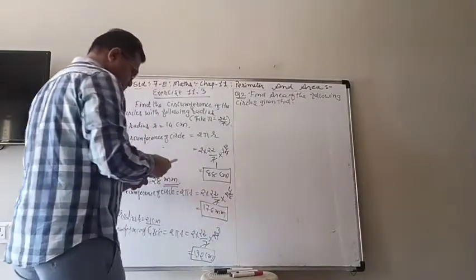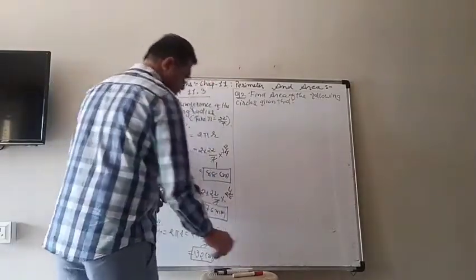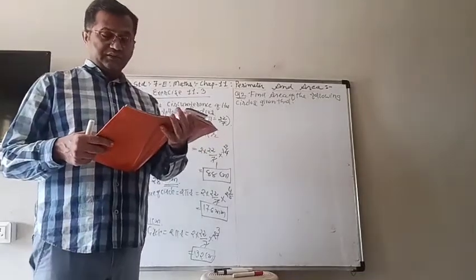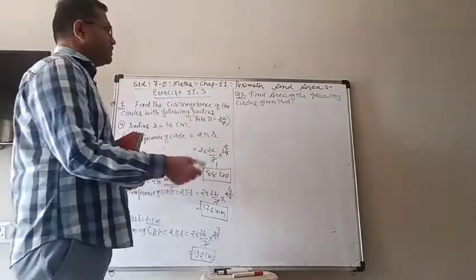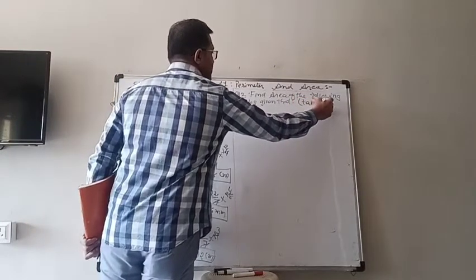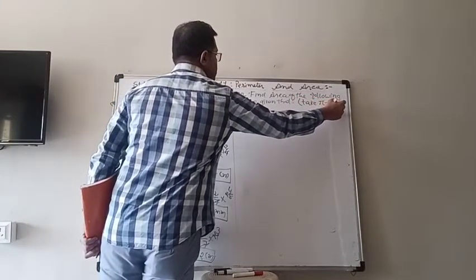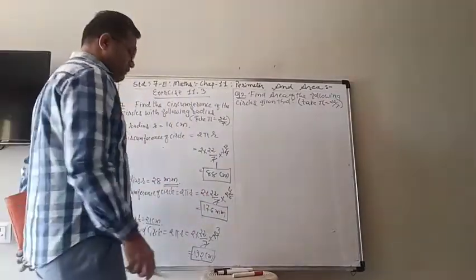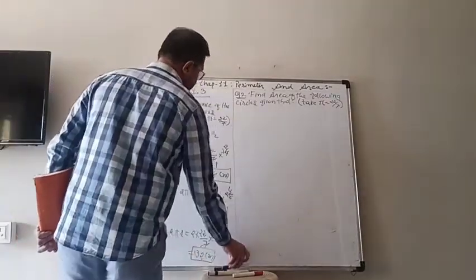In some of them, the radius will be given; in some of them, the diameter will be given. So we have to be very careful here. Given that, take pi is equal to 22 divided by 7. So the value of pi we have to take the same here also.